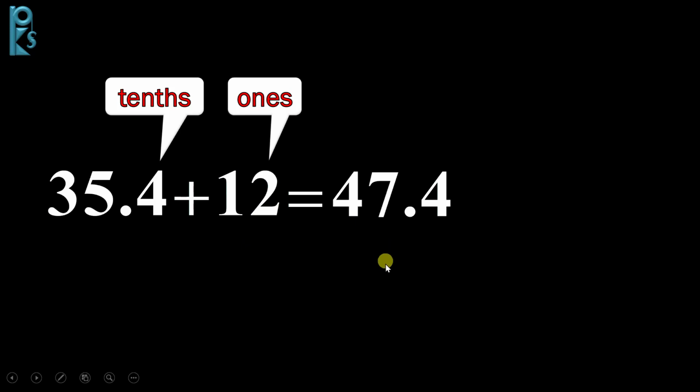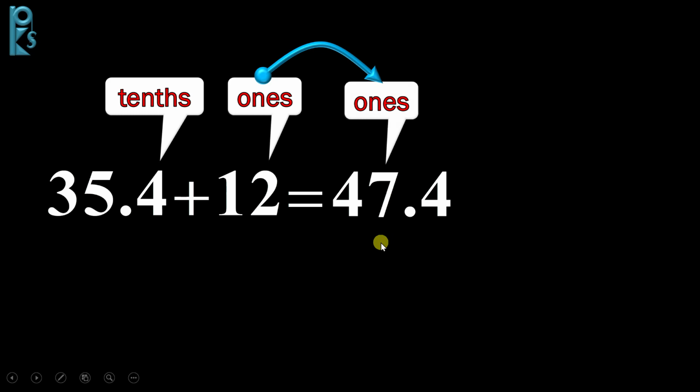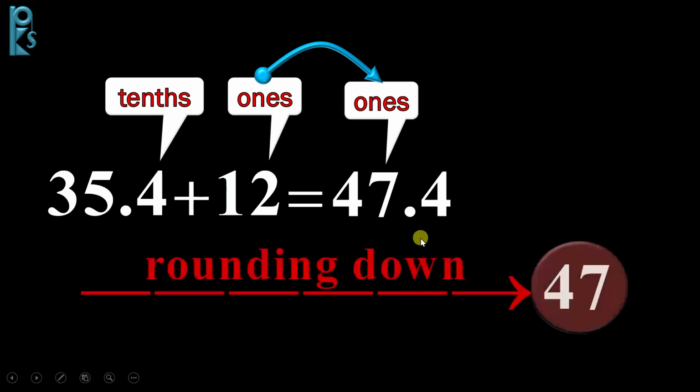So the last right digit in the answer must be in the number place of ones. What should I do with that 4? I should apply the rounding rule. 4 is smaller than 5, so I will round it down and the answer is 47. Let's go to the next example.